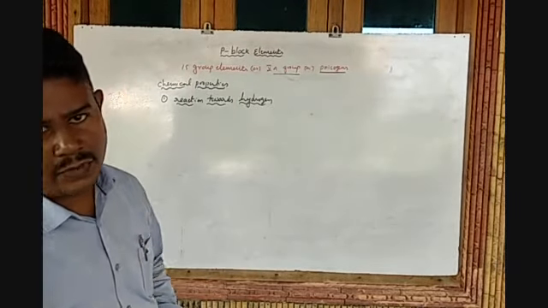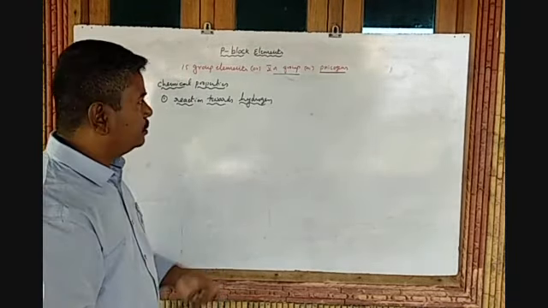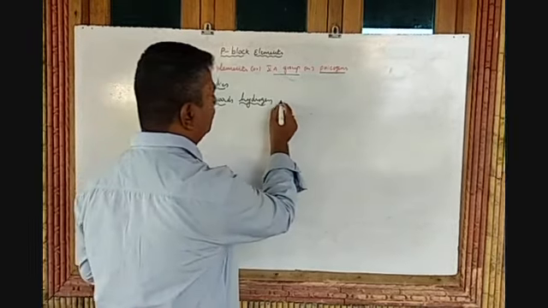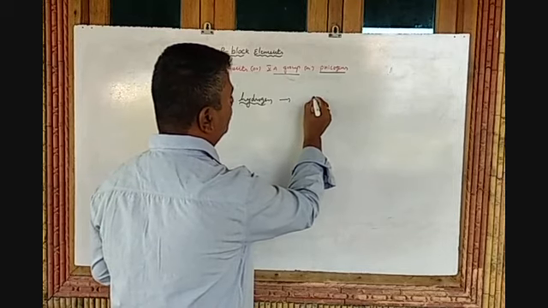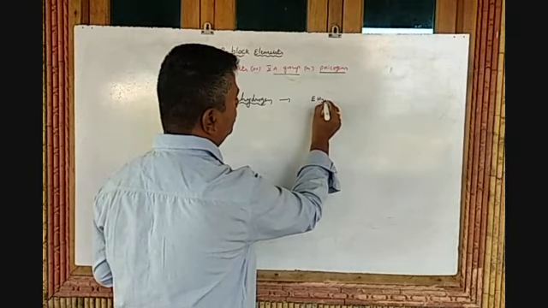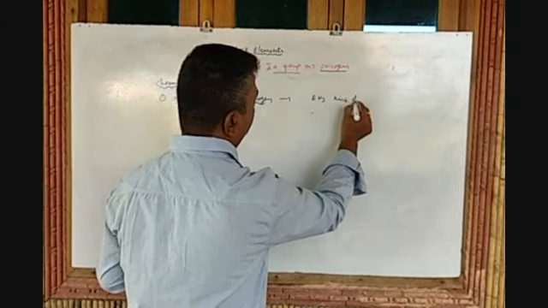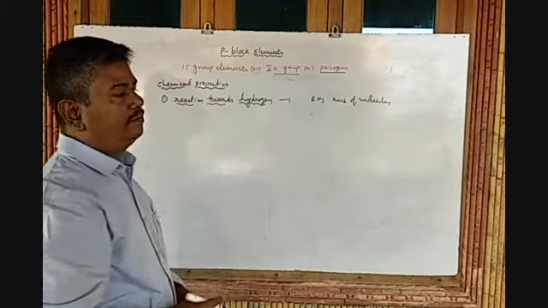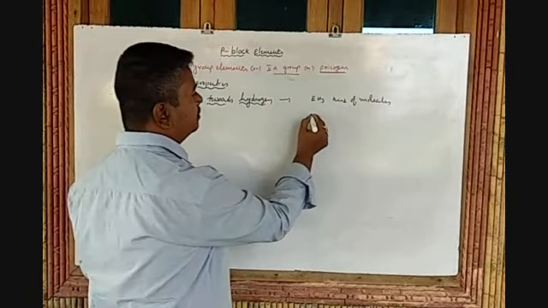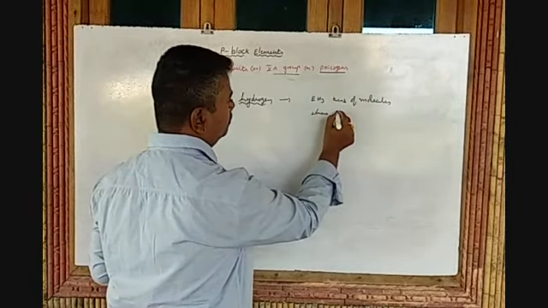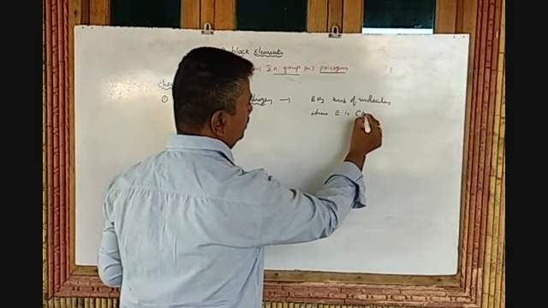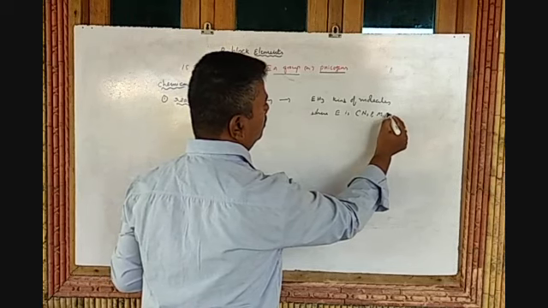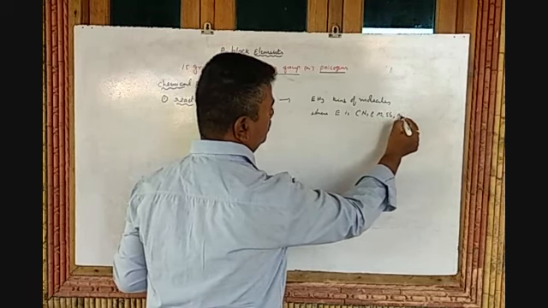So these group elements combine with hydrogen to form EH3 kind of molecules, EH3, where E is nitrogen, phosphorus, arsenic, antimony, and bismuth.